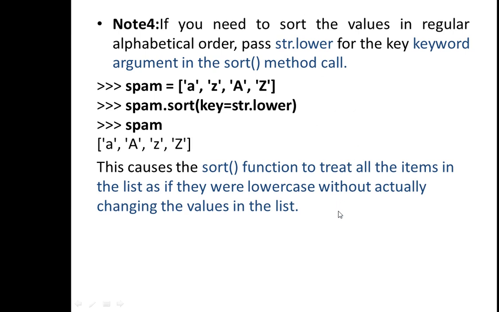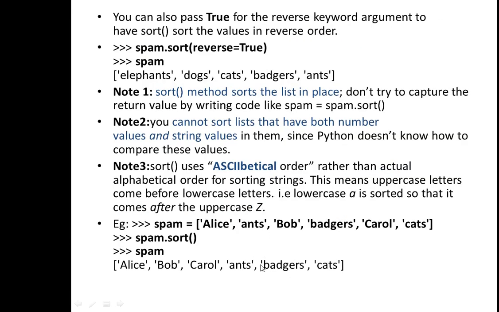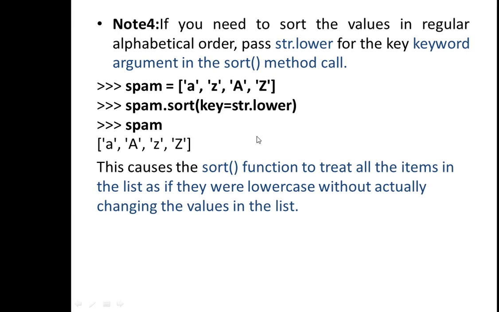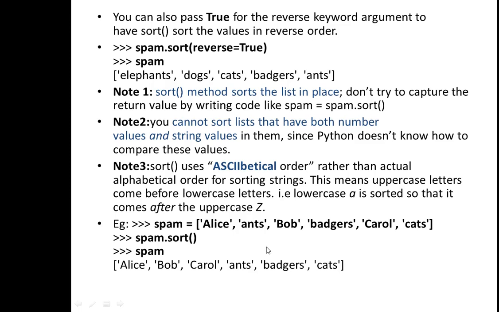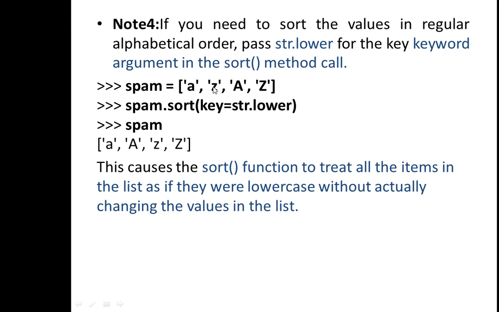Now coming to the next one, suppose I do not want this ASCII-betical order, then what you can do is convert all these values to lowercase, which is done implicitly. So for example, here the list contains something like this. I have small letters and then I have capital letters.